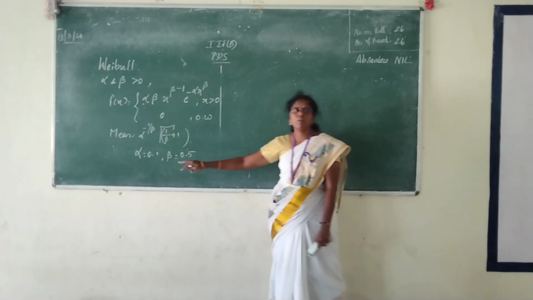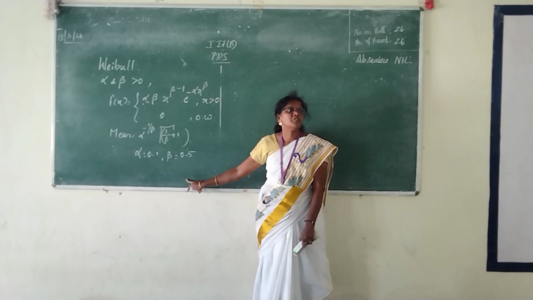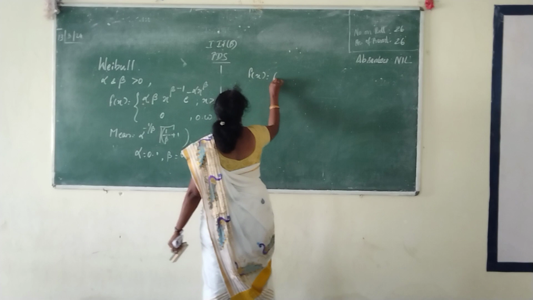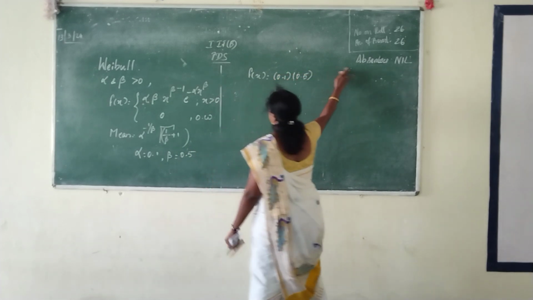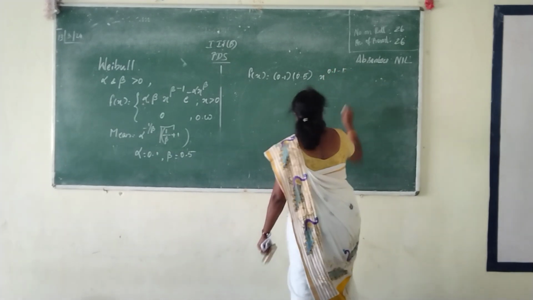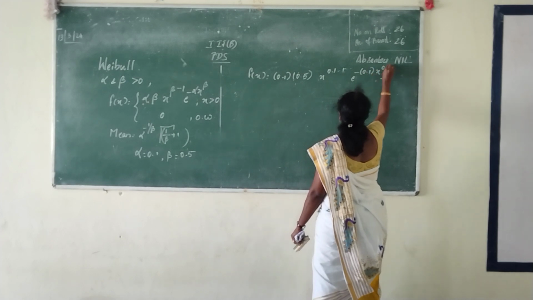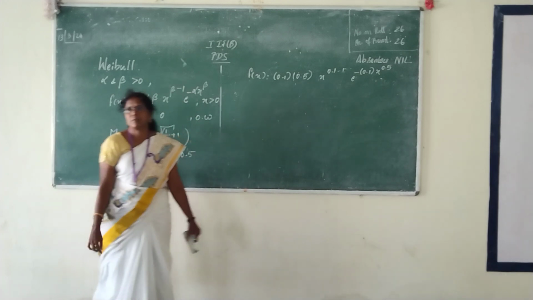So for this problem, what is alpha? 0.1. What is beta? 0.5. So substitute. So f of x is equal to 0.1 into 0.5 x power beta minus 1, e power minus 0.1 into x power 0.5.